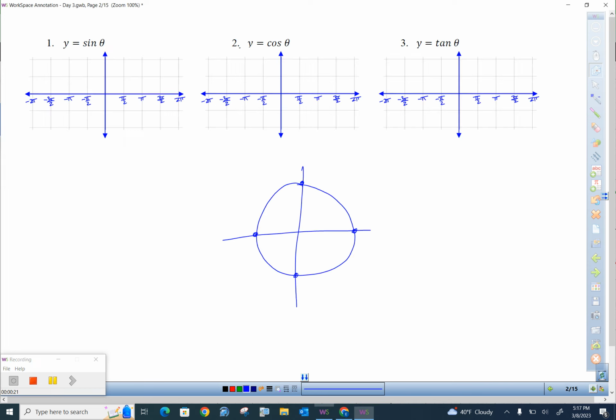We know on the parent function, to complete one full cycle, it takes 2 pi. Okay, and so this point, down, up, and back will take 2 pi. So then we know this distance to the halfway point would be a distance of pi. So what you can do here is take -2/3 pi and add 1 pi to it.